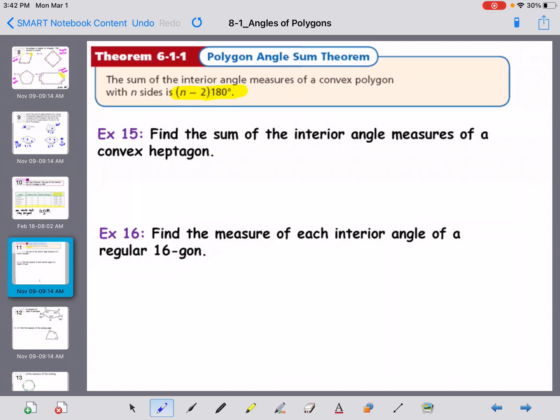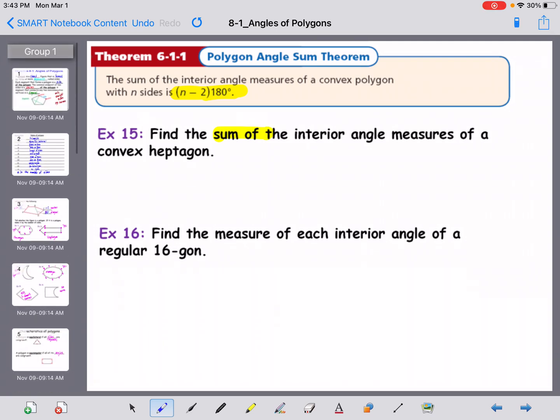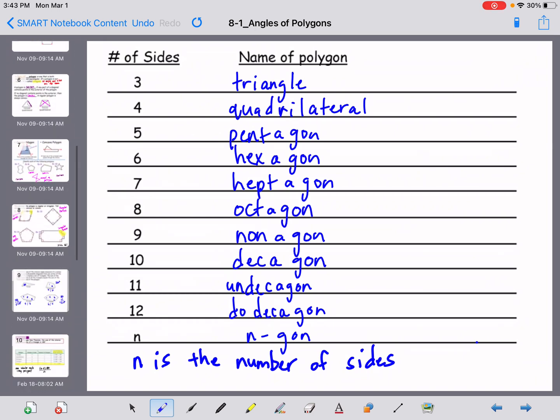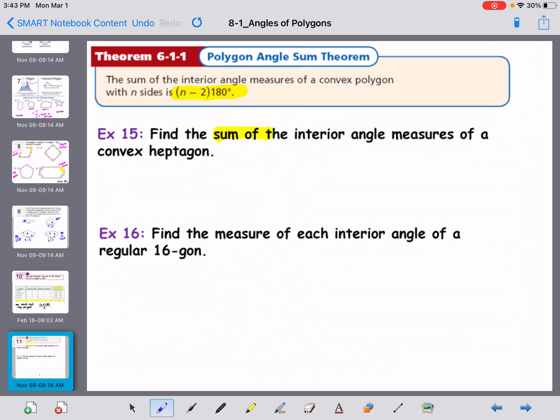So example 15 says find the sum of the interior angle measures of a convex heptagon. I told you knowing those names was going to come in handy. So I'm going to go back to my notes. I'm going to see that hepta is 7. So then 7 sides, subtract 2, times 180.